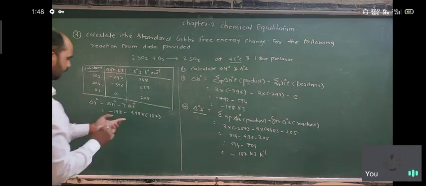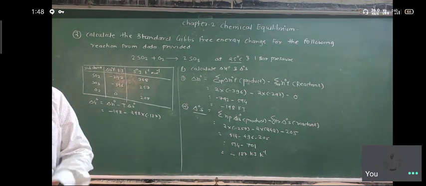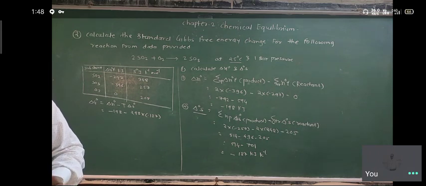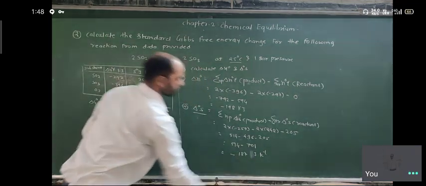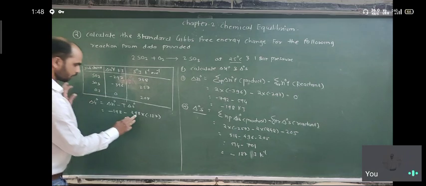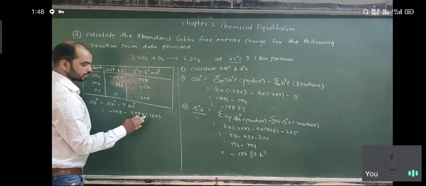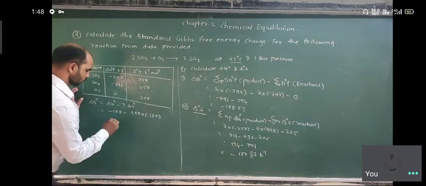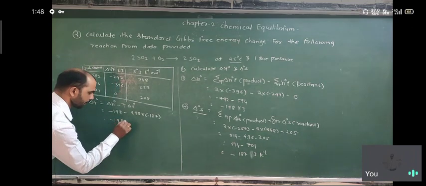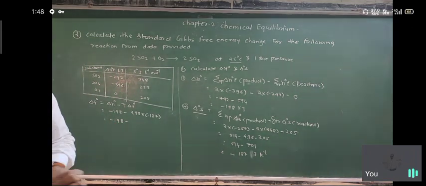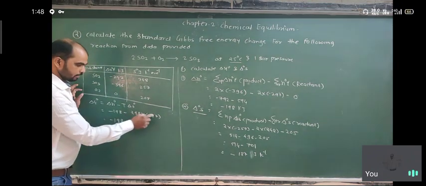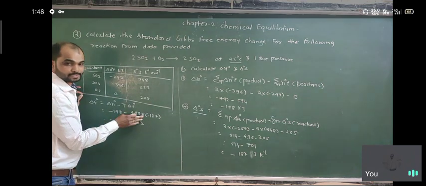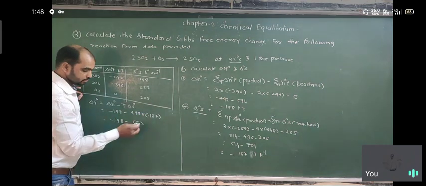When this is multiplied together, the answer is in joule, so we multiply and convert into kilojoule. Finally the answer is minus 198 minus 55.7. We multiply this together and divide by 1000, because it is in joule, to convert into kilojoule.